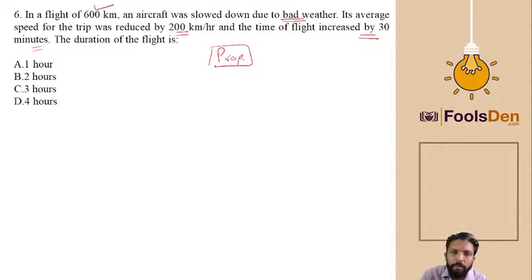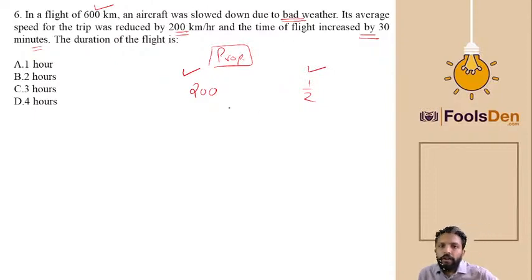Now what is this proportionate method? As the train has reduced speed by 200 kilometer per hour, it has taken half an hour more. We have considered the speed in kilometer per hour. That is why I converted this minute to hours.